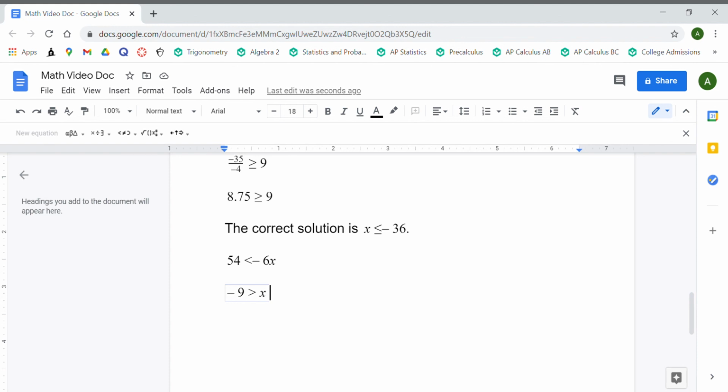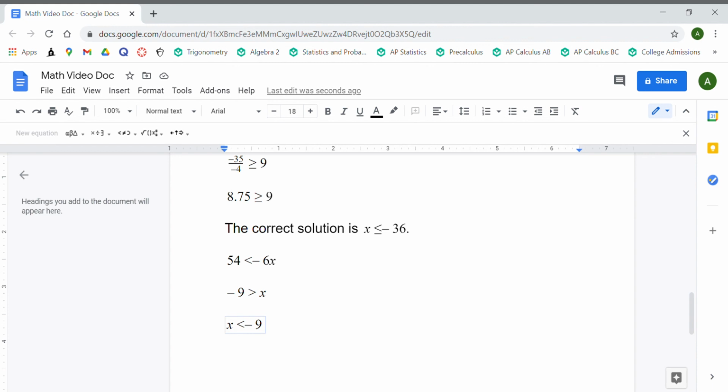If you remember, if you want to graph an inequality properly, you're going to want to make sure that the variable is on the left side, not the right side. So when we flip the terms, we also have to flip the symbol as well. Alright? So really your answer is x is less than negative 9.